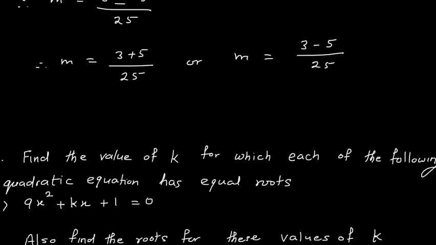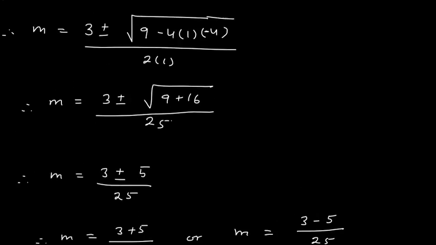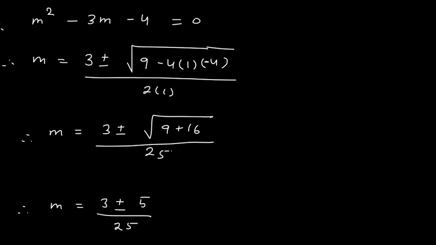Okay. So therefore, I can say that m is equals to 3 plus 5 is 8, 8 upon 25 or we have m is equals to minus 2 upon 25. So this is the value of m. M is 8 upon 25 or minus 2 upon 25. But wait, some mistake we have done.